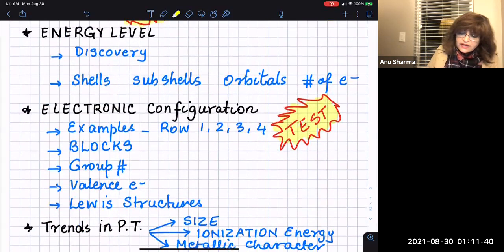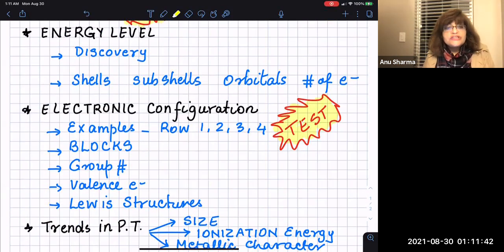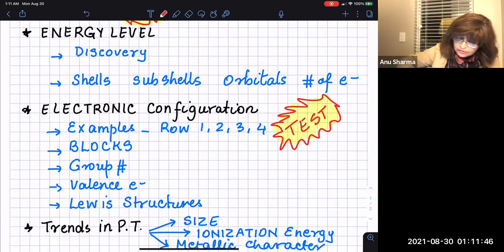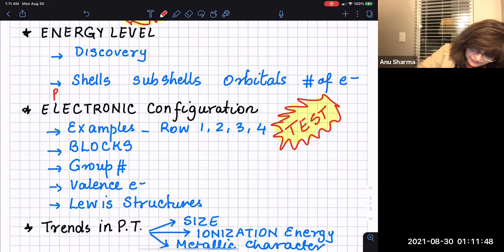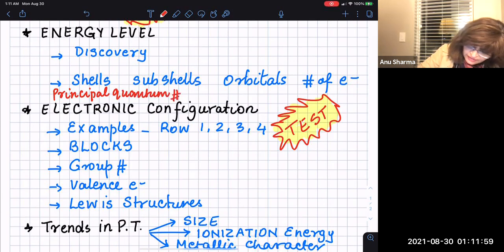However, very important is that you have an understanding of what the shells are, what the subshells are. Now, the shells are also called a principal energy level, or a principal quantum number. Okay, so that's the thing.